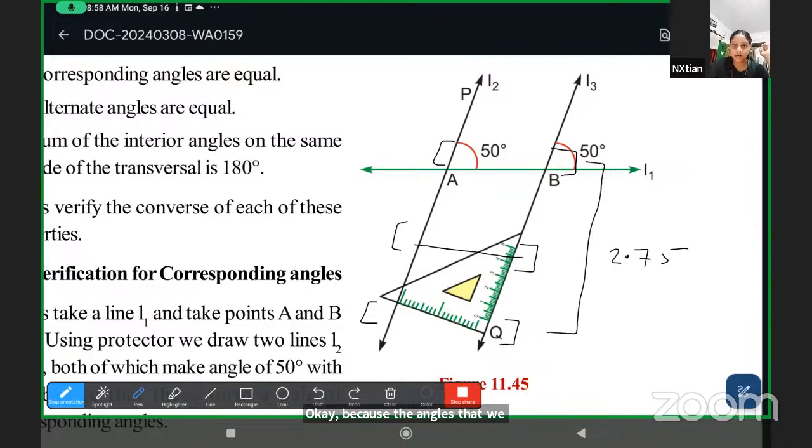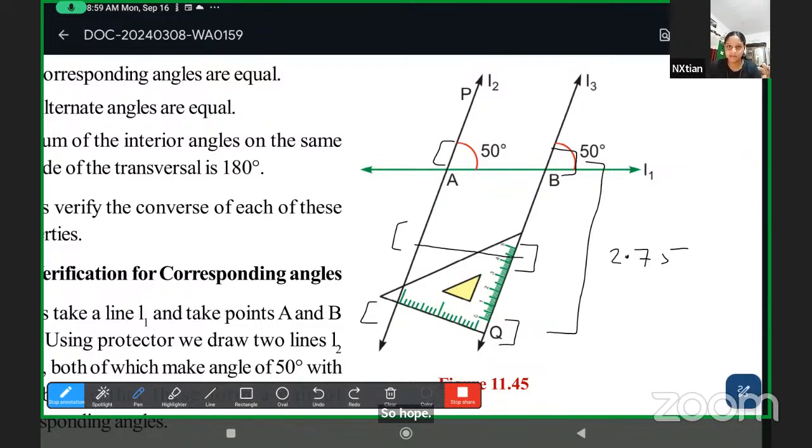Both are 50 degrees. So the lines we constructed will also be parallel. Similarly, when we make parallel lines, the angles that are formed are also equal. Okay, so hope how we are constructing is clear.